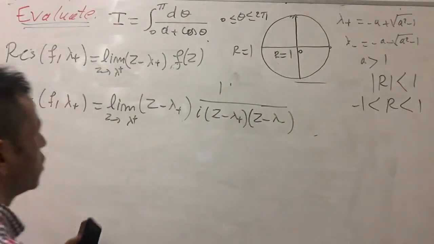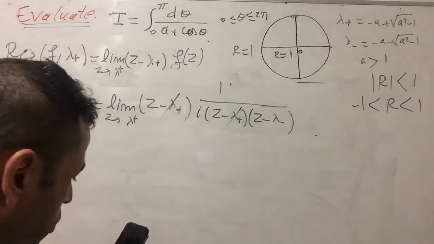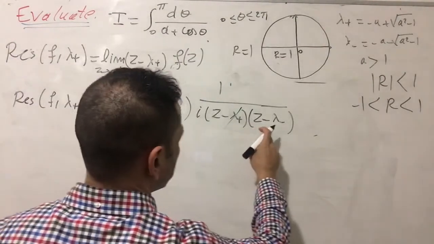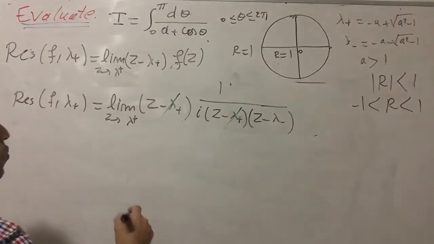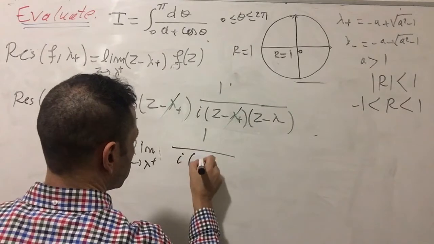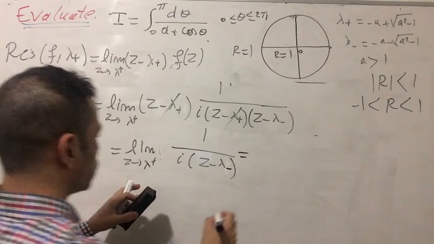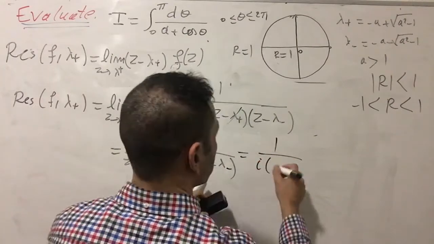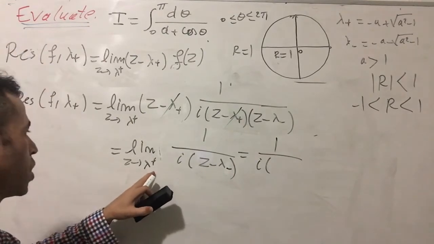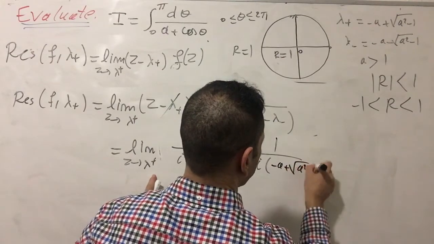The nice thing here is that z minus lambda plus will be cancelled out. So what's left: I'm going to replace z with lambda plus as the pole. So we'll have the limit of 1 over i times z minus the other pole, as z is approaching lambda plus, which is minus a plus the square root of a squared minus 1.